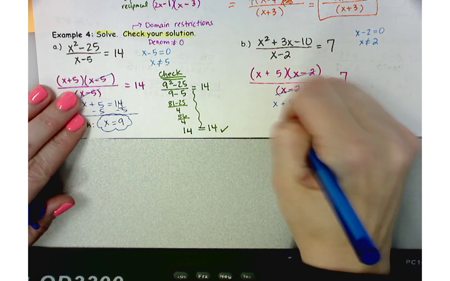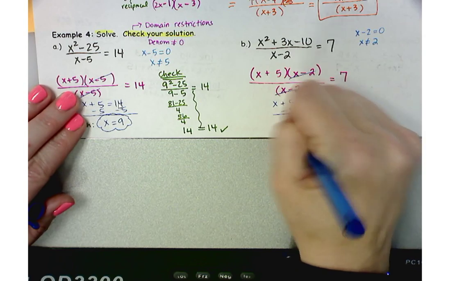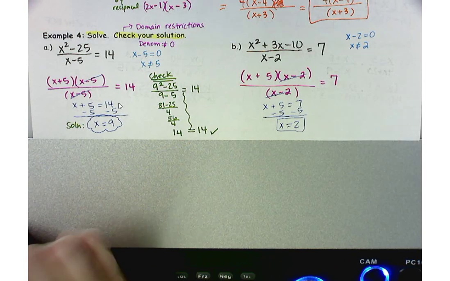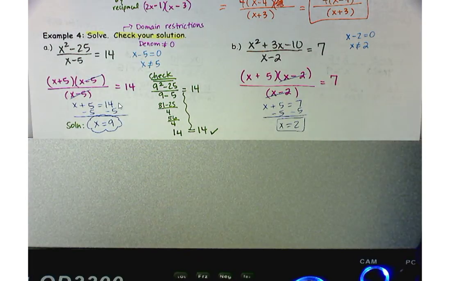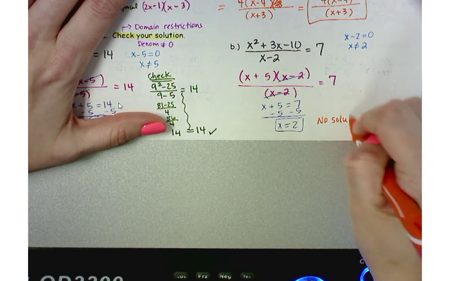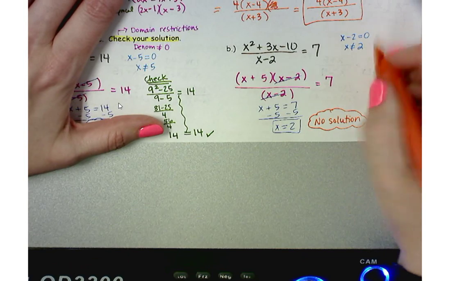So when you're checking, you can say x can't be 2 because the denominator would equal 0. So x equals 2 is what we call extraneous. And that means there's no solution.